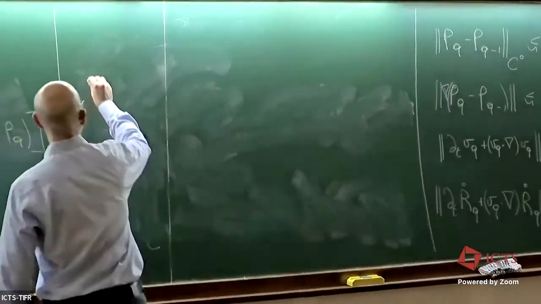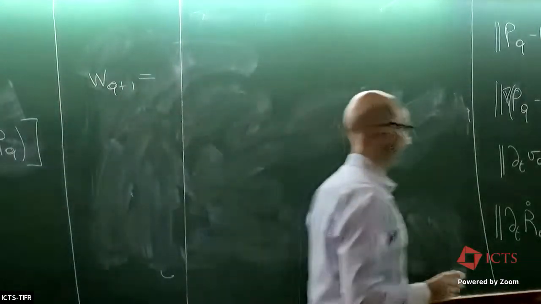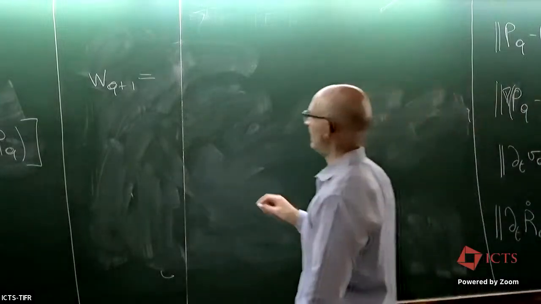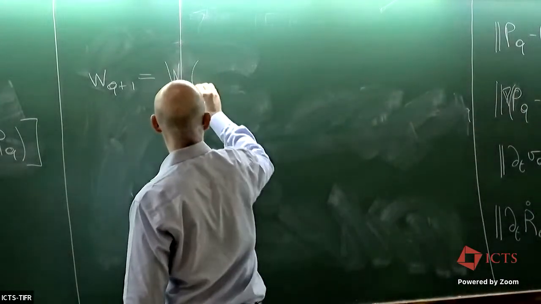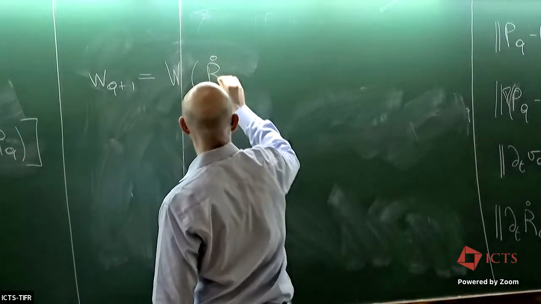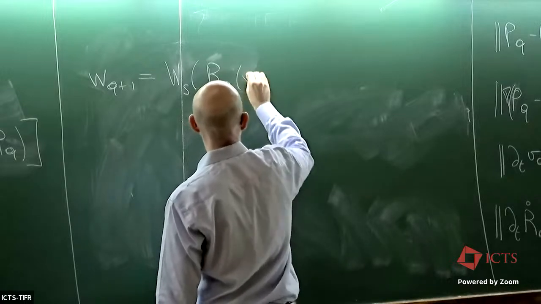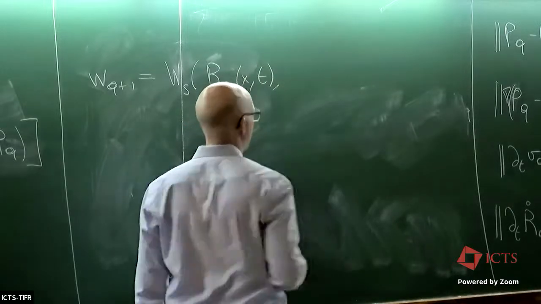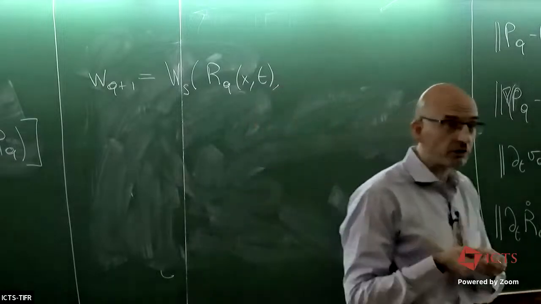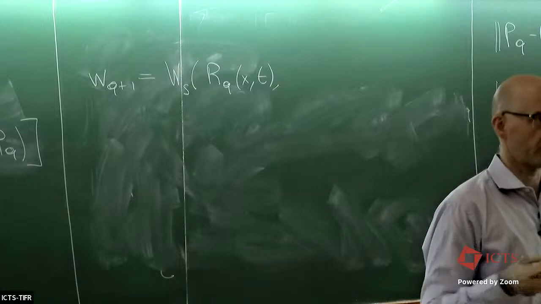So now I'm going to assume that W_{q+1} is of the following type. So it's going to be a W, okay? So over here there's going to be R circle, the stationary guy, so there's going to be here R_q of x, t. And then because I'm transporting, instead of having x, how do you find the solution of a transport equation?